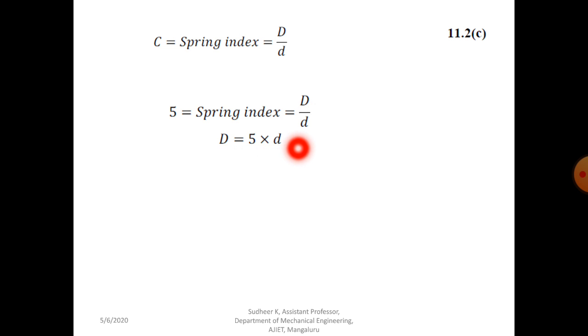Because both are unknown, you have to substitute in the previous equation, that is 11.1D, the shear stress equation, so that you are able to calculate both values, that is the mean diameter of the coil as well as the diameter of the wire.